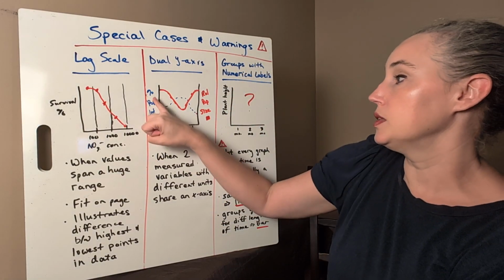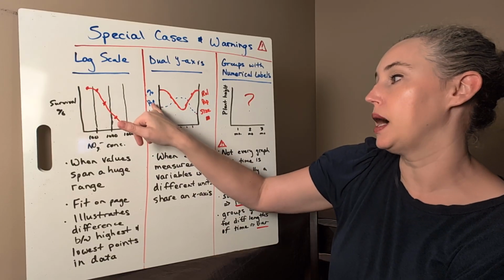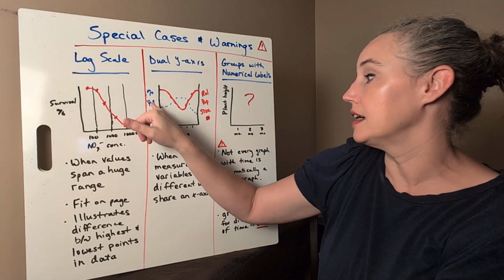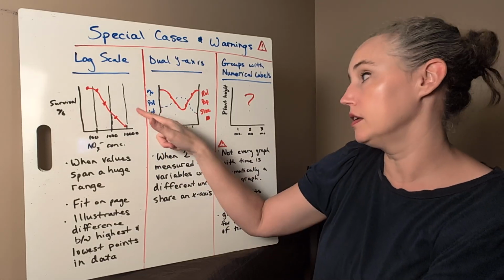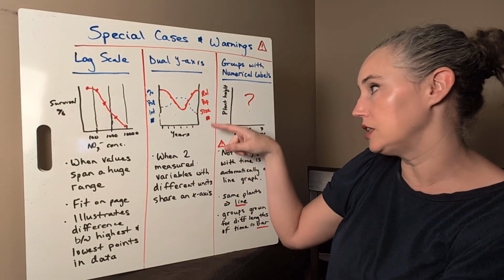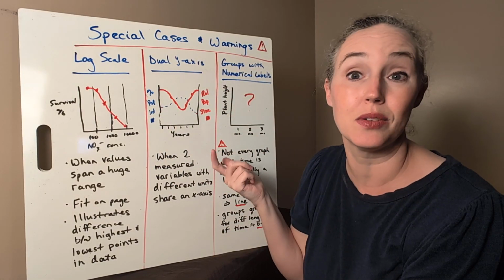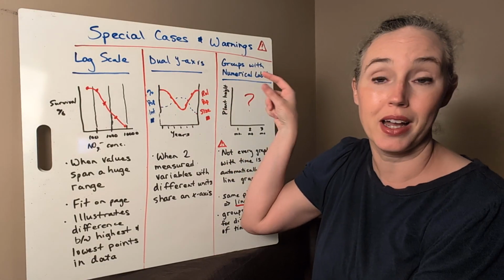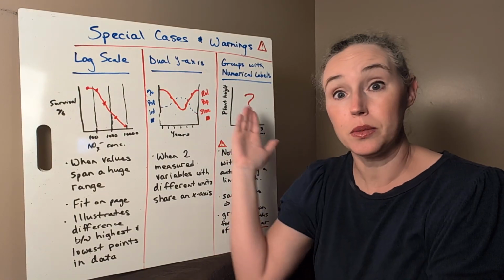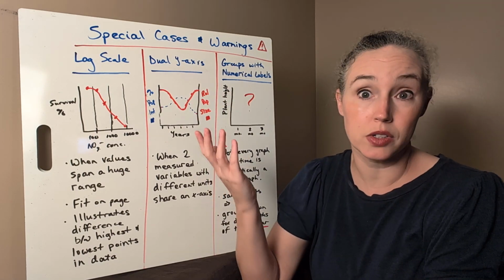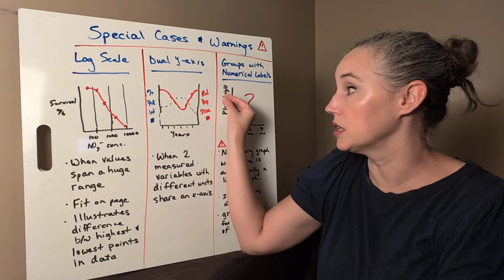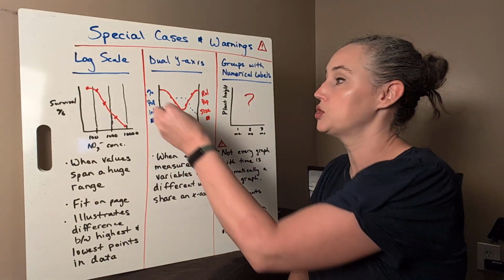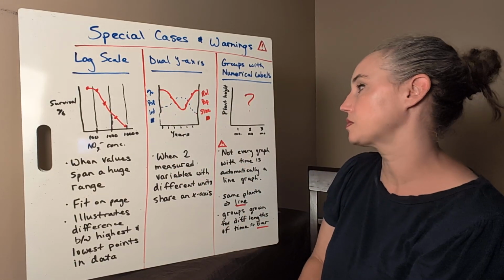In this one, I've got percent of population infected in blue. As years go on, that increased and then decreased. And then in red, I had the relative population size, which started high, went low, and then went high again. Depending on what your trends are, you can make some relationship or not, depending on the data, between these two variables.